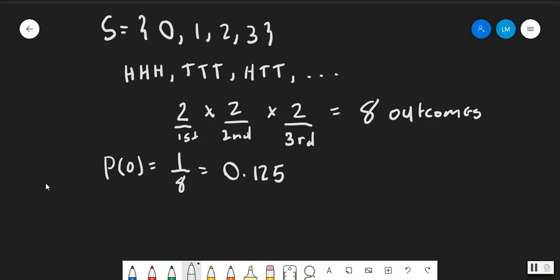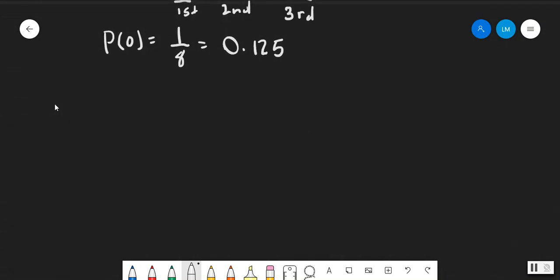Now, furthermore, if we go ahead and we look at the probability of 1 tails, well, the probability of 1 tails is going to be tails, heads, heads, and then furthermore, you have that that's going to be heads, tails, heads, and then heads, heads. Let me see if I can do this again.